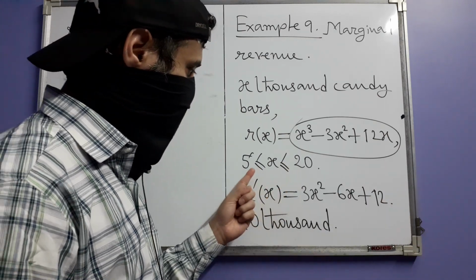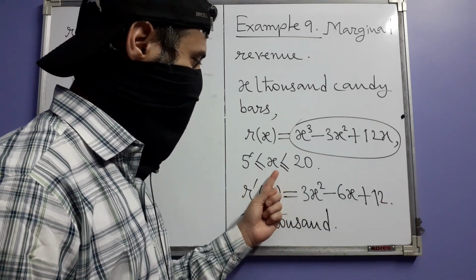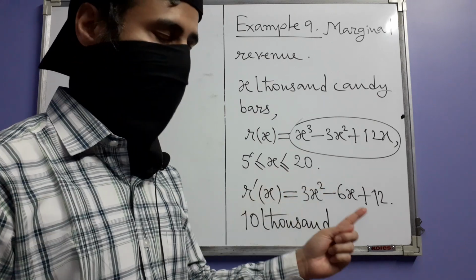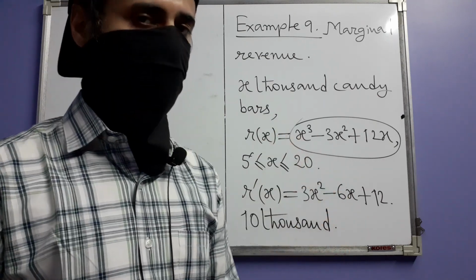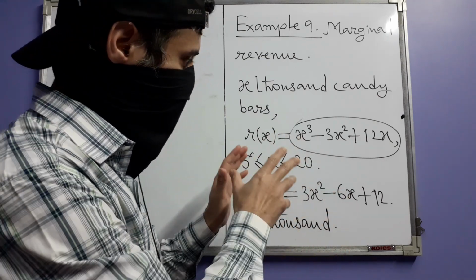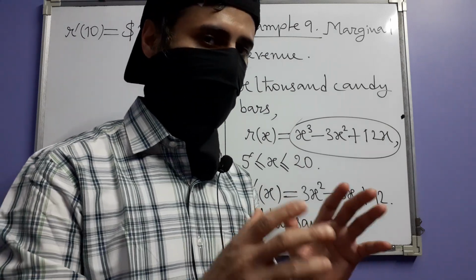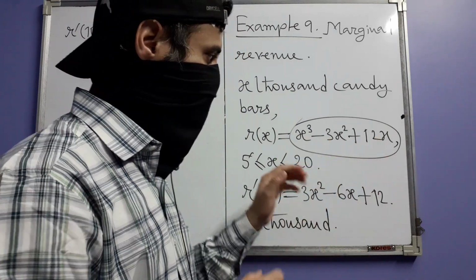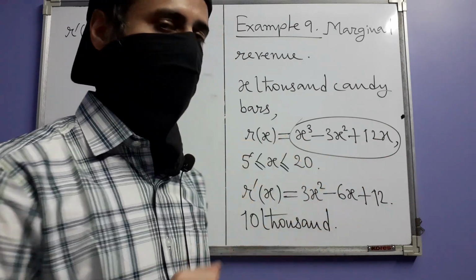And that's why there is a range of applicability. If things become really extreme, then these functions do not work. But within these ranges of applicability that we get from theories of economics, these functions work reasonably well.